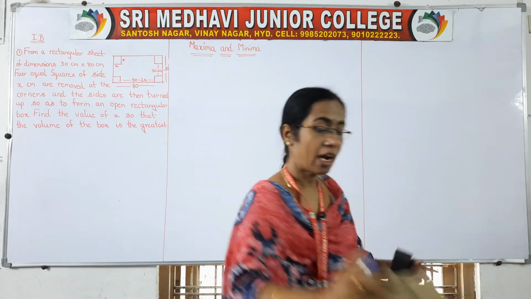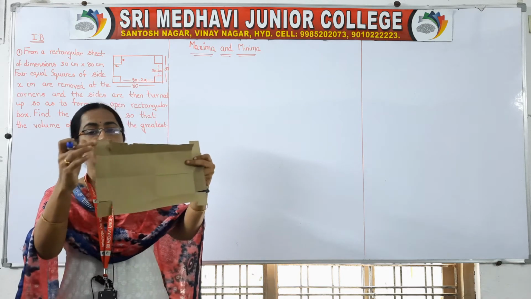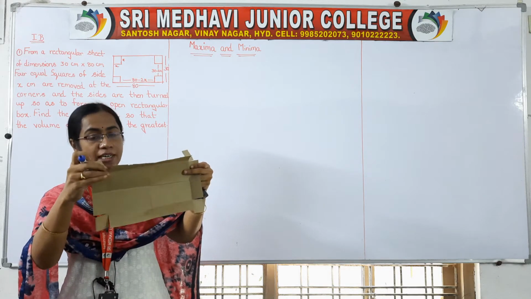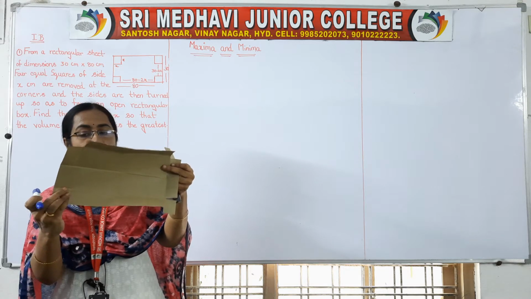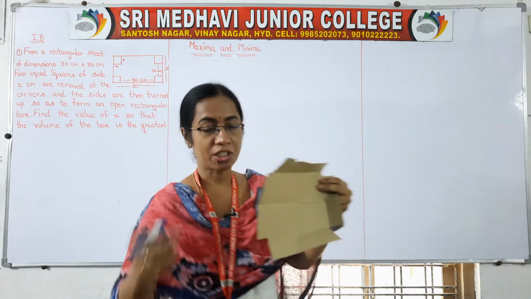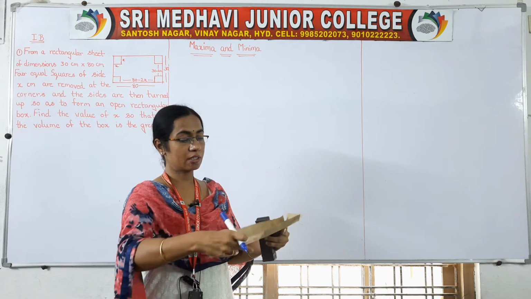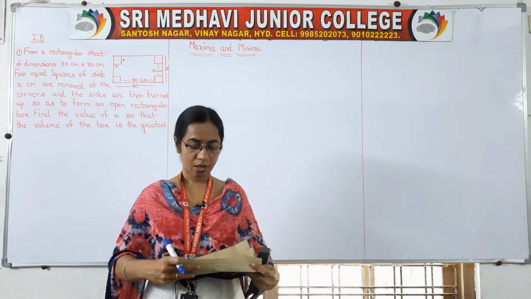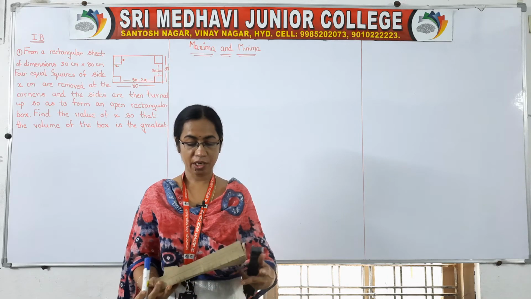So suppose you are having the rectangular sheet like this, right? Here are the 4 squares with equal sides. You remove the 4 squares from the corners of the rectangular sheet and turn up the sides.